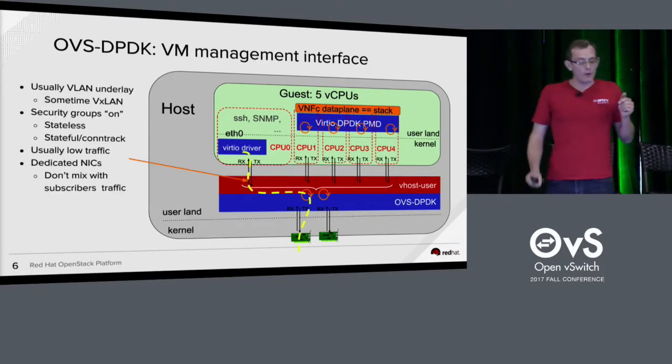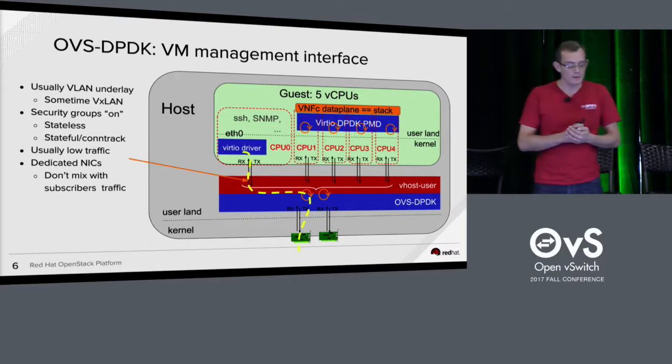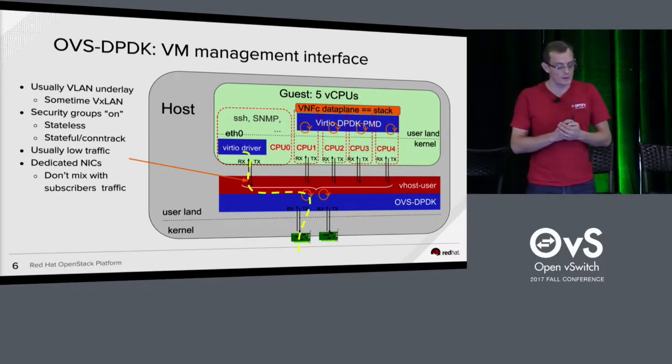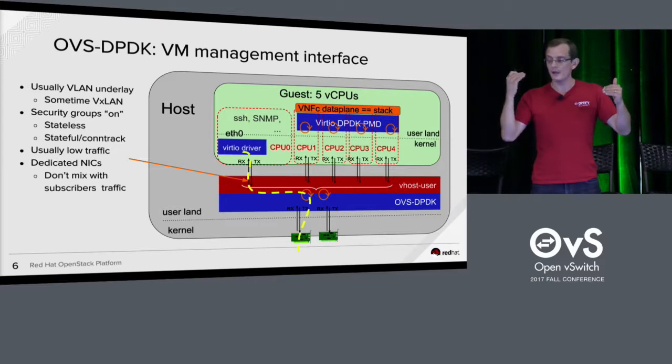So in terms of requirements, we don't need a lot of speed for the management interface. So what do we need for the management interface? One of the constraints with OVS-DPDK is that all the ports are on br-int. So you cannot mix kernel OVS and OVS-DPDK.